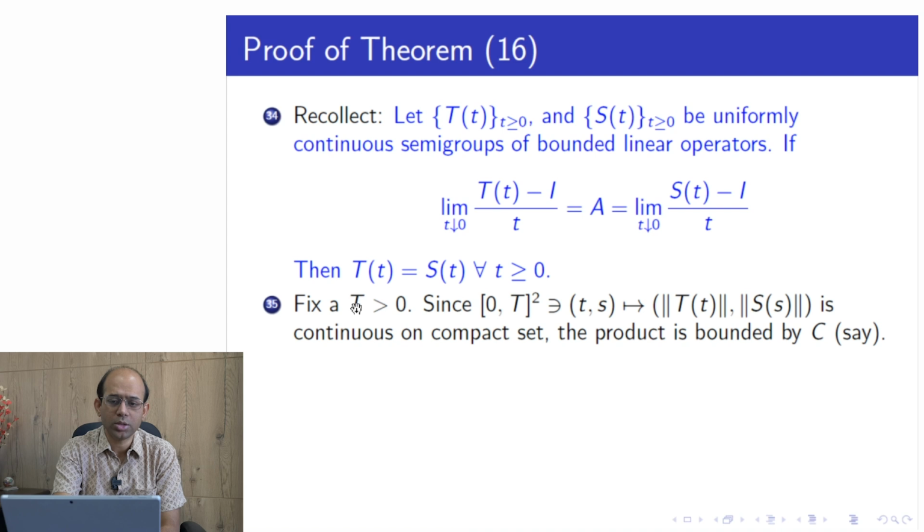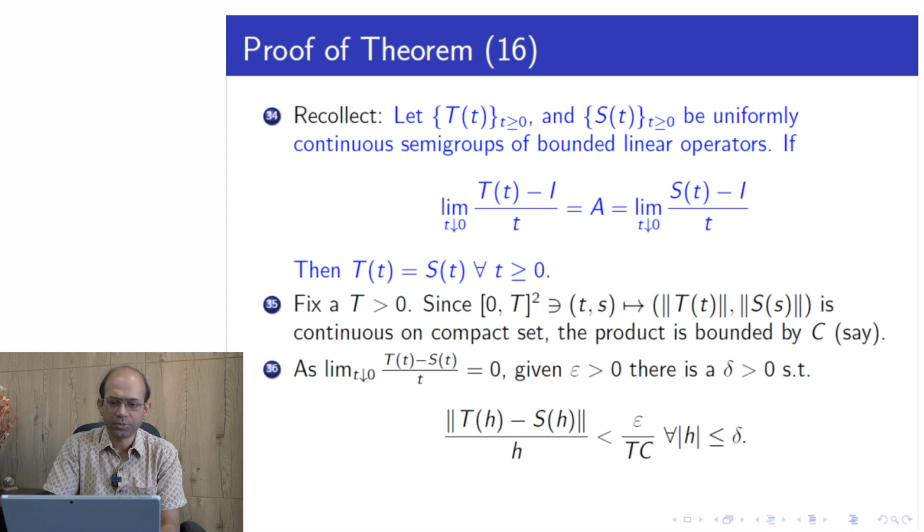This capital T should not be confused with the capital T of the semigroup. The semigroup T always comes with a parenthesis of small t, but this is just one scalar, a positive real number. Next, we subtract both sides.